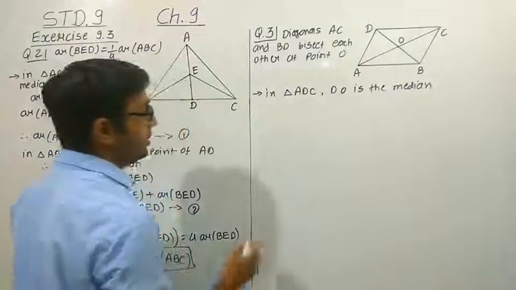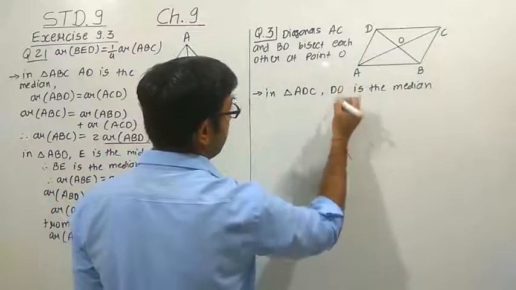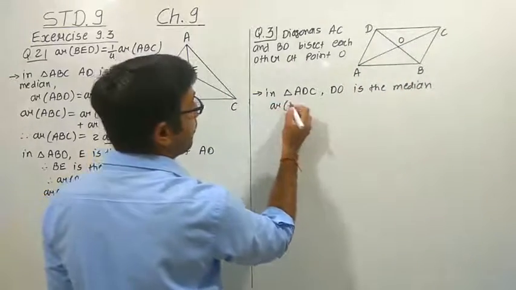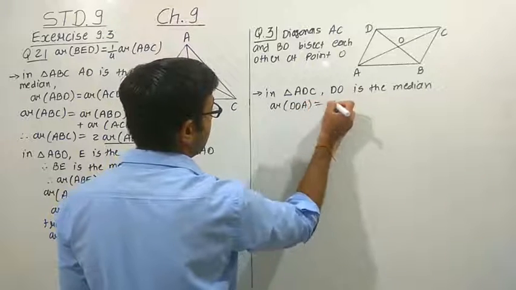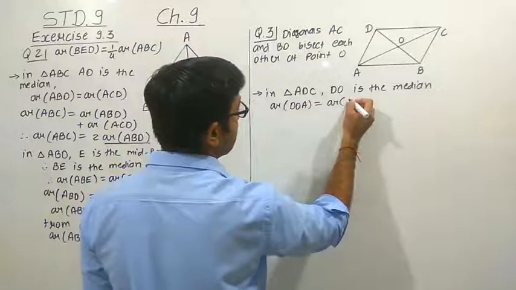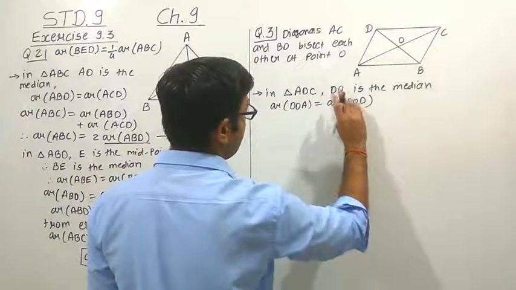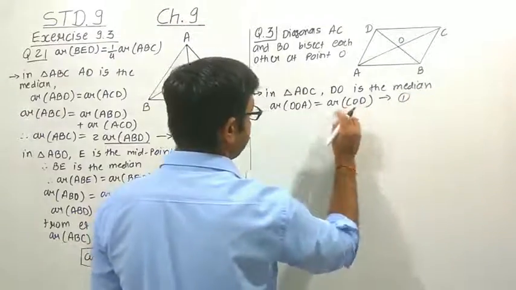As DO is the median, both these triangles have equal area. That is, area of DOA is equal to area of COD. Both these triangles have equal areas, right? Give it the equation number 1.